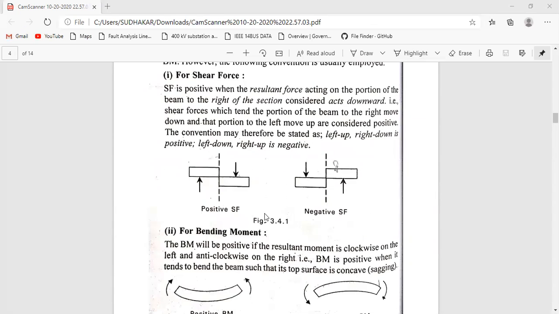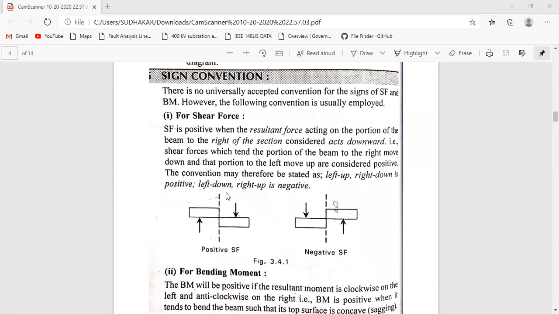For shear force, if you consider a section here, for the right side of the section all downward forces will be positive and all upward forces will be negative. If you consider the left side of the section, all upward forces will be positive and all downward forces will be negative.